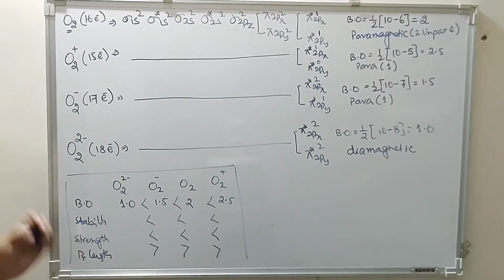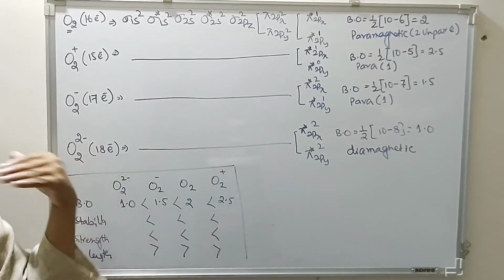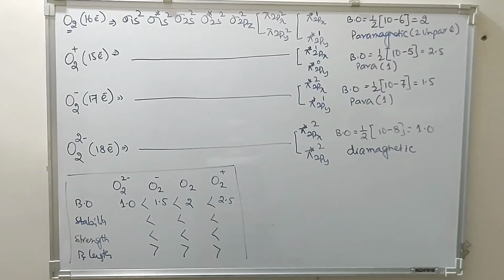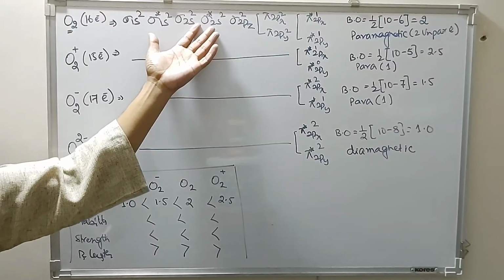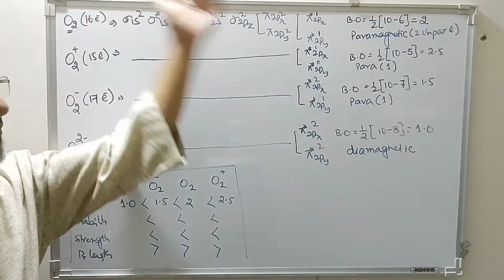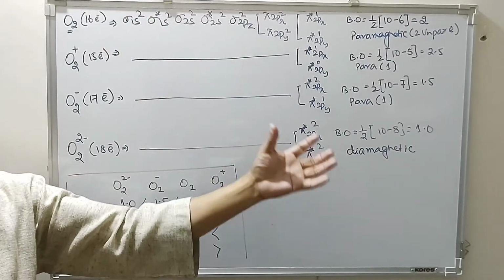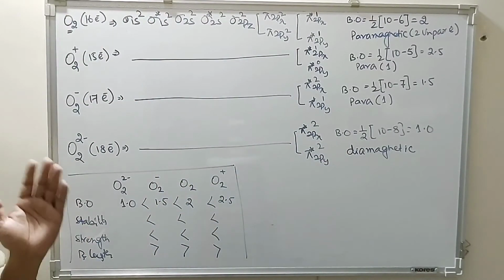So this is how we compare the stability of a given species. For all this, what we require is to write down the electronic configuration. From this electronic configuration, we find the bond order. Once we find the bond order, we can easily compare bond strength, stability, etc. And to find the magnetic behavior, again we write the electronic configuration and find whether it contains any unpaired electrons or not.